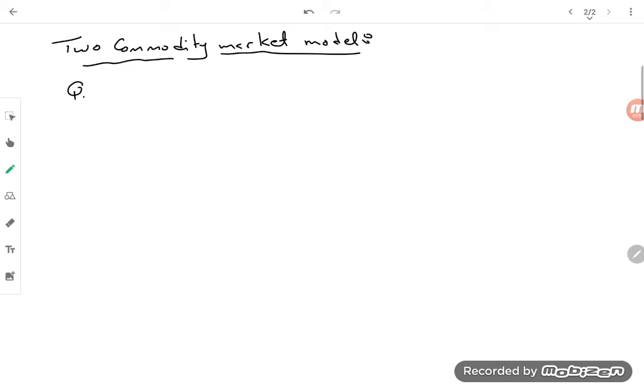So this is QD1 equals QS1, which is the equilibrium condition for commodity 1. QD1 equals A node plus A1 P1 plus A2 P2.